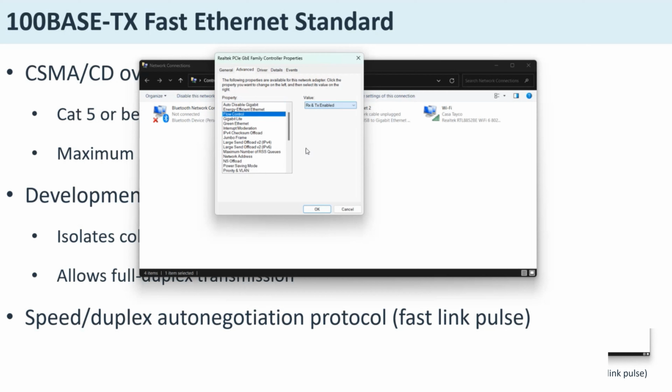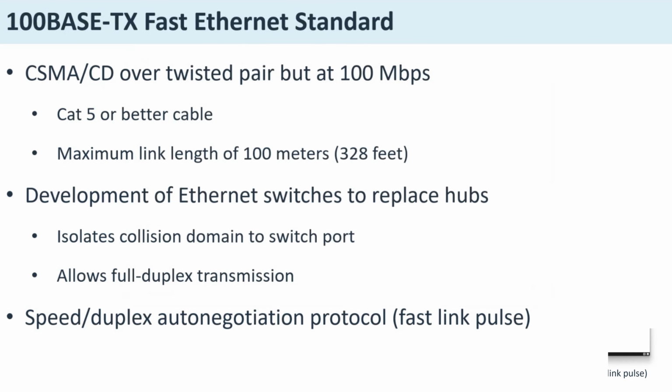See RX and TX enabled. And you could even edit in here IPv4 checksum offload, and we'll hopefully discuss that later, and VLAN IDs, just in case you ever run into a situation where you need to set those settings in the adapter for a computer itself.